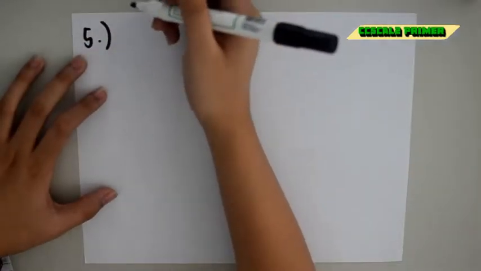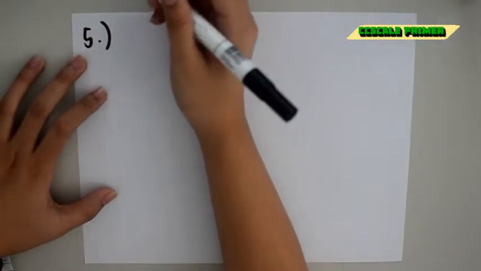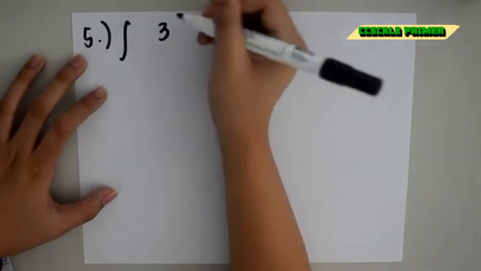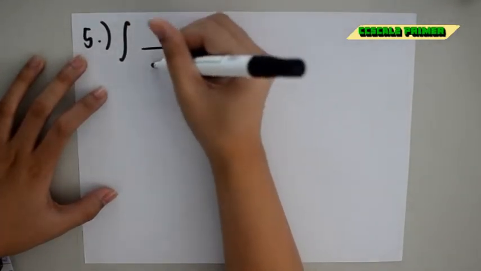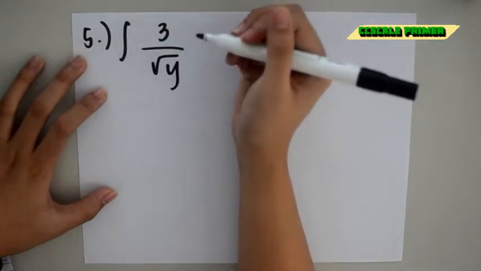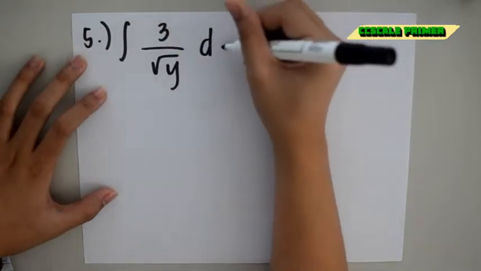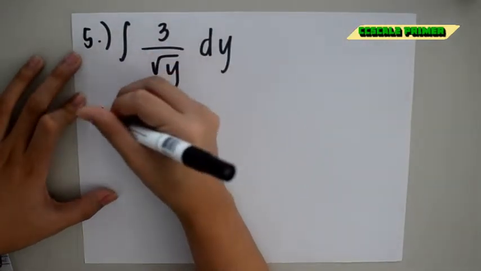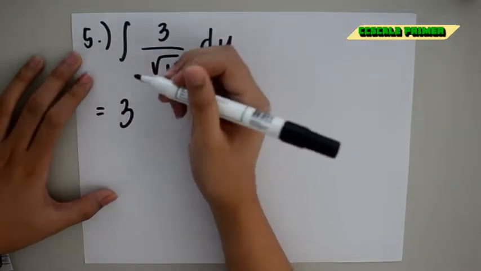Now, let's have some examples with rational expressions in the denominator. In this case, let's see this example. Let's find the antiderivative of 3 over the square root of y dy. First, we extract the constant 3 to the left of the integral symbol.